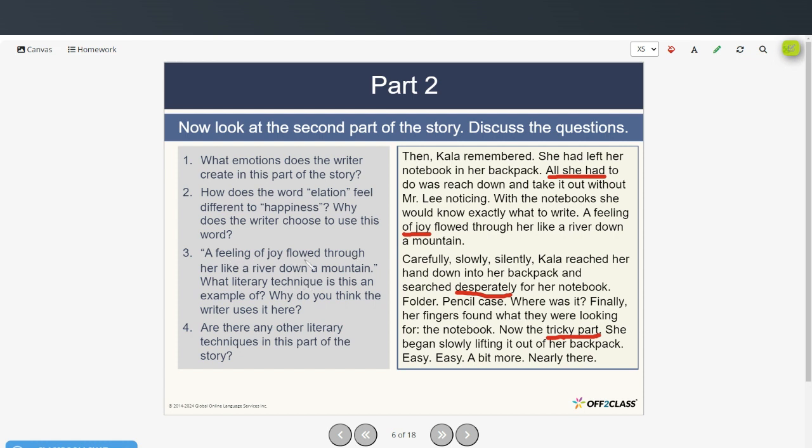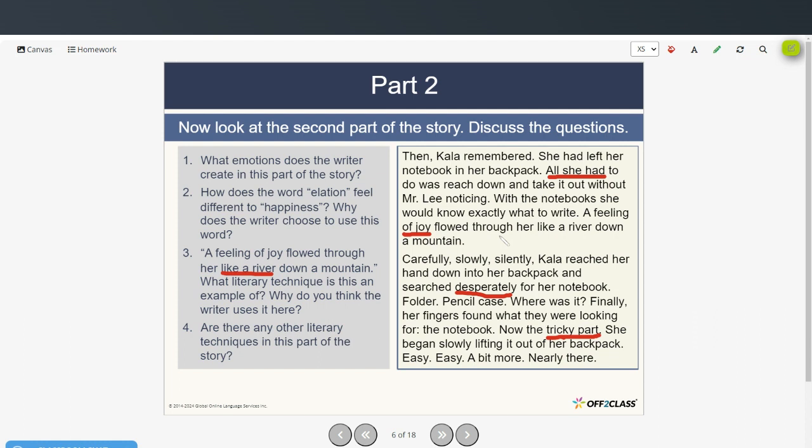A feeling of joy flowed through her like a river down a mountain. And what literary technique is this an example of? Well, flowed like a river, that would be simile because you're comparing two things using like or as. And why do you think the writer uses it here?